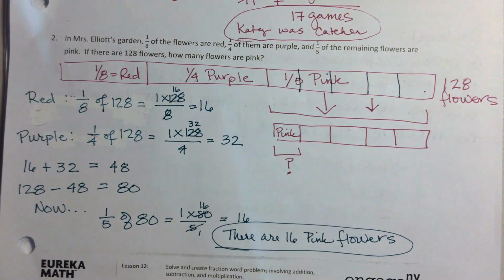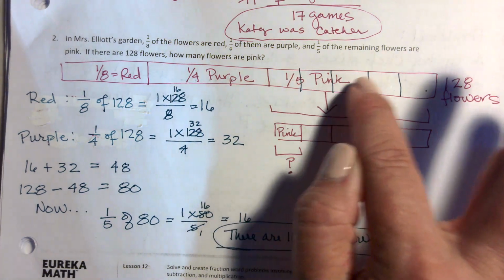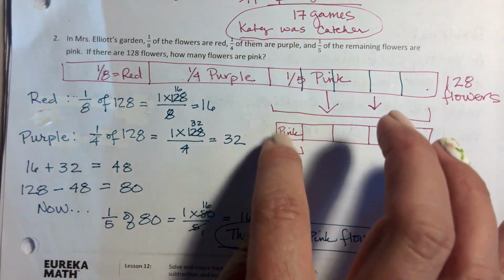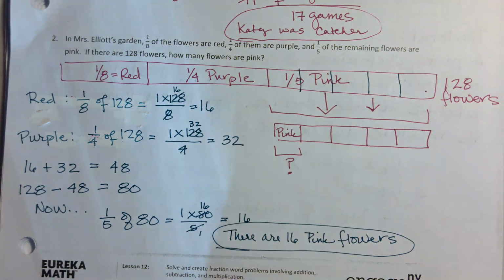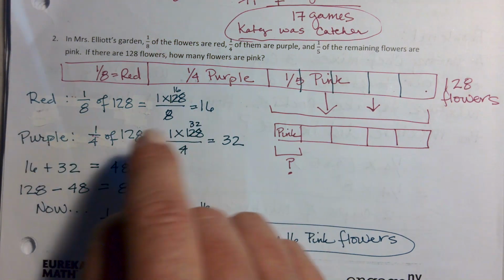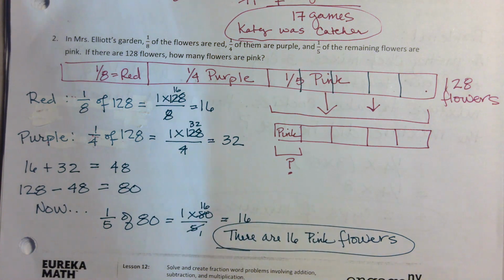Now, this is a problem that at first you might not understand what you're being asked to do. So remember, it's 1/5 of the remaining. So here's the remaining, and 1/5 of the remaining are pink. So in Mrs. Elliott's garden, 1/8 of the flowers are red, 1/4 of them are purple, and 1/5 of the remaining flowers are pink. So it's a portion of a portion, right?